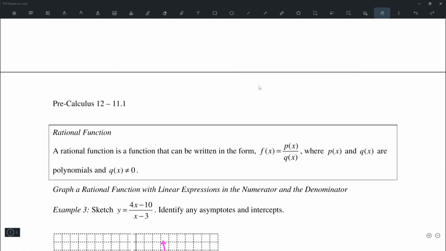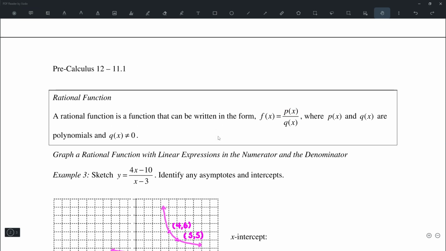Example 3. Right, so before that, a rational function is a function that can be written as a quotient of two polynomials, so p of x and q of x in this case, right here, where q of x is not 0 because otherwise we will be dividing by 0.